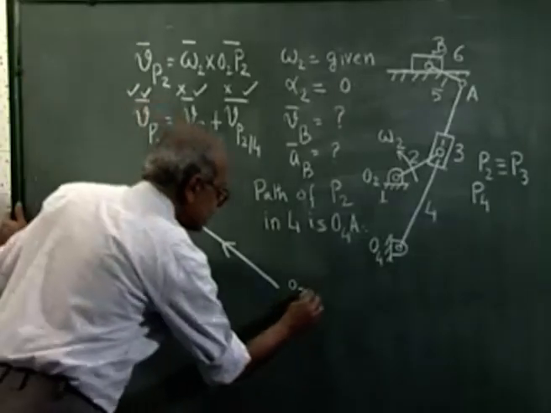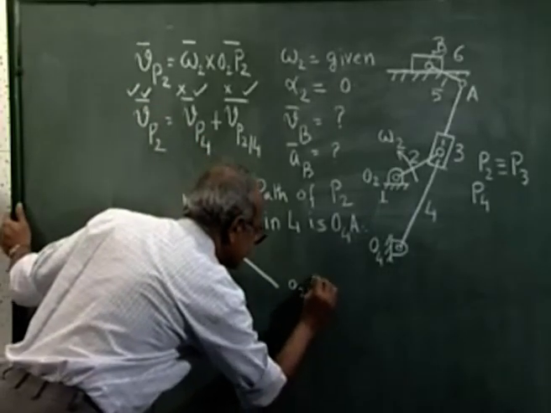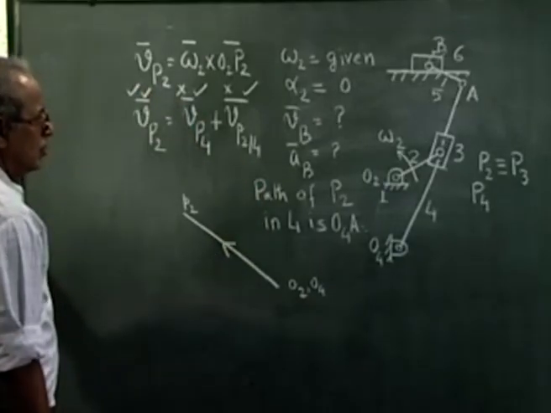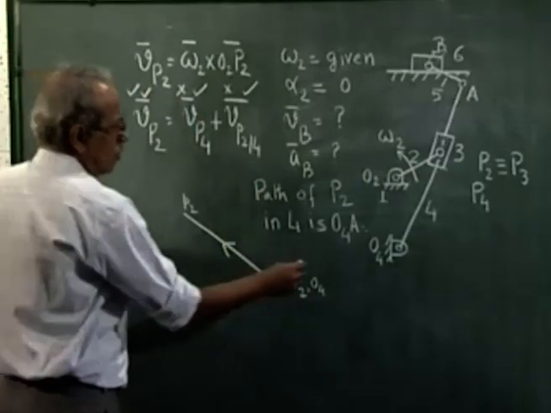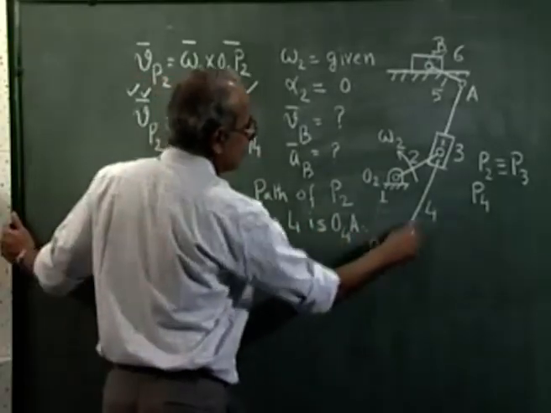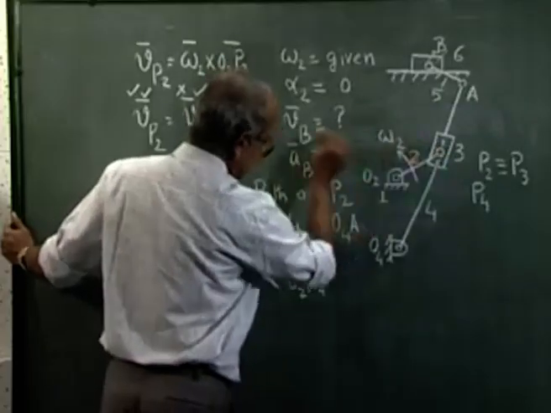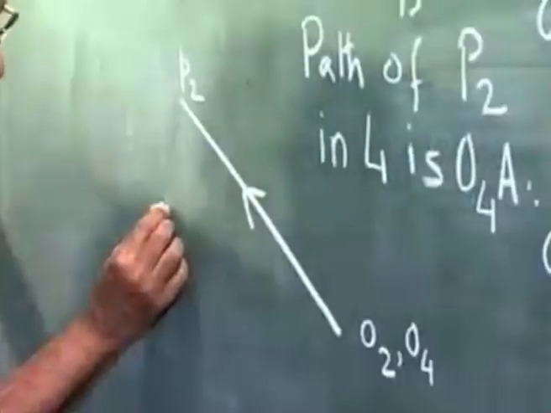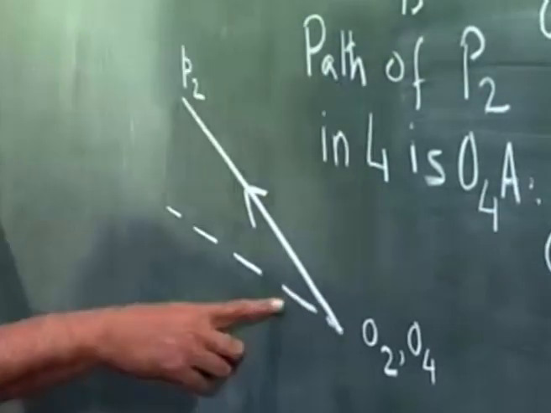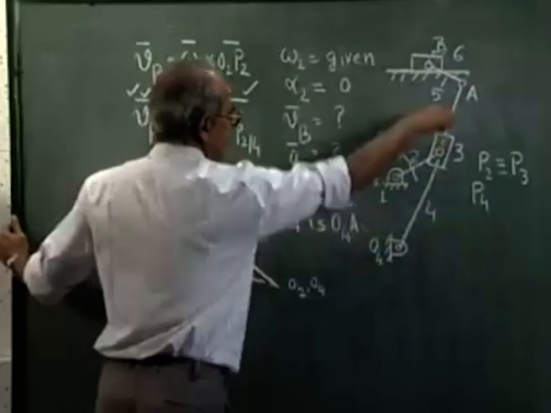The pole of this velocity diagram also represents the fixed point O4. Now, velocity of P4, I know the direction, that is perpendicular to O4A. So I draw a line through O4 which is perpendicular to O4 P4 or O4A.